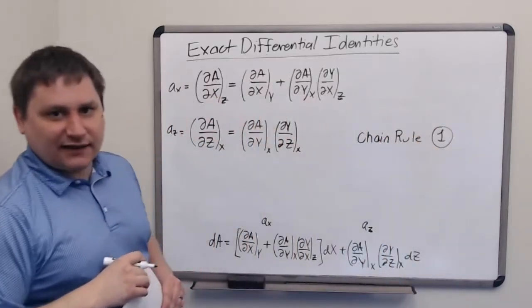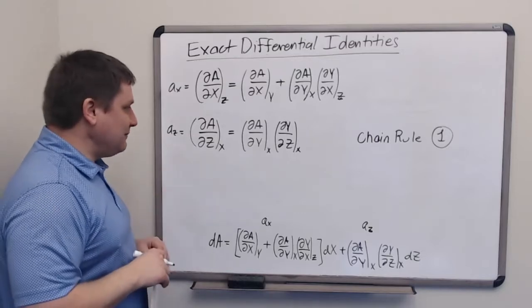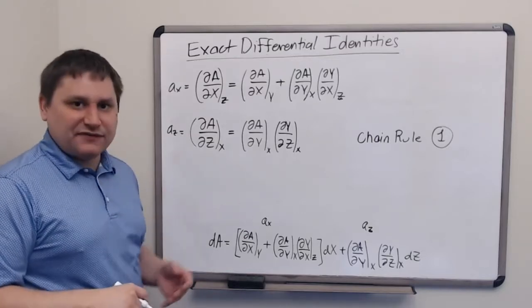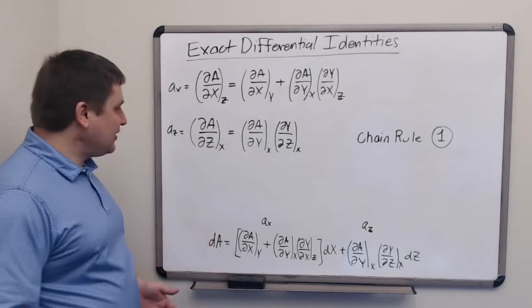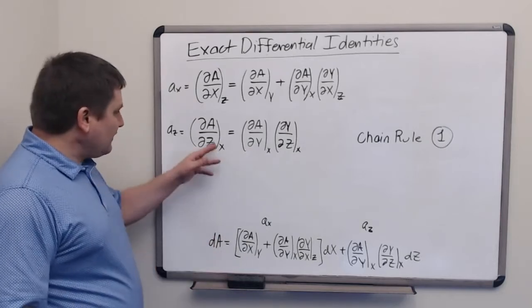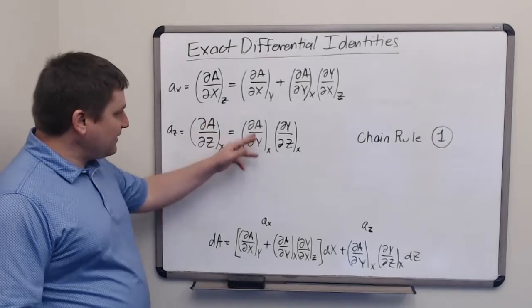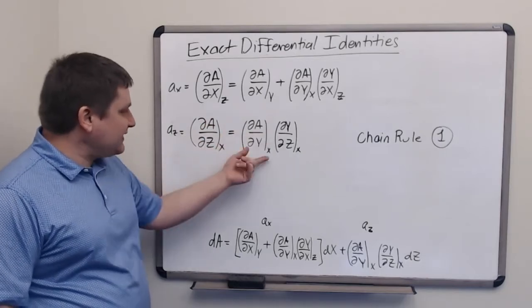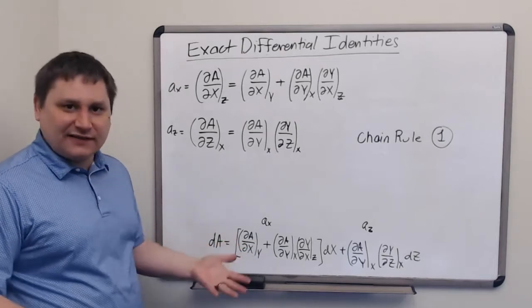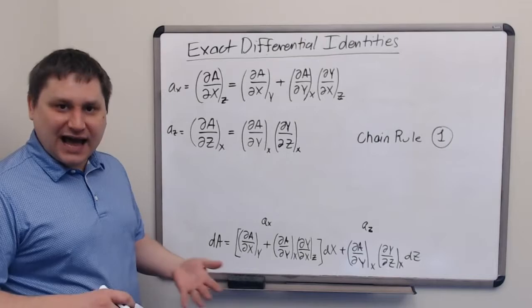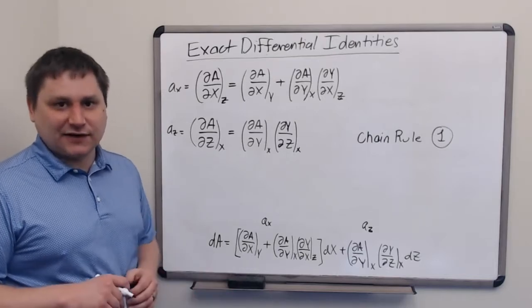And on the slides, I listed this as number 1 because it's the simplest. It's probably one that we've seen before. So we have some additional variables going on here. There's A, Z, A and Y, Y and Z. We also have this X hanging around here. And what this X is doing is it's basically just sitting there reminding us that X needs to be kept constant in these derivatives.